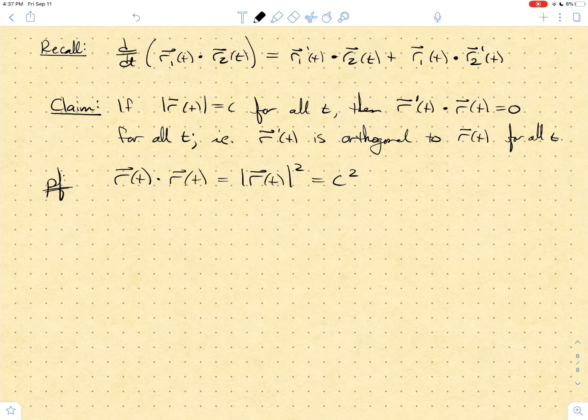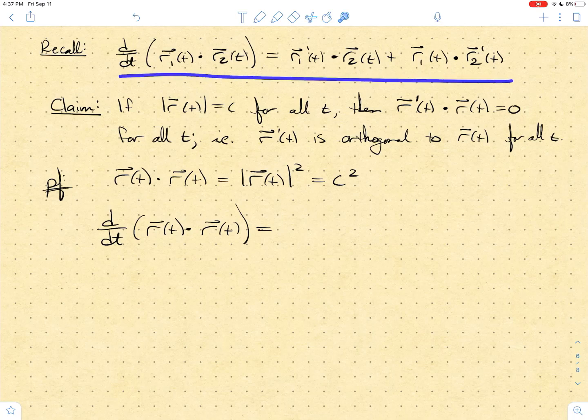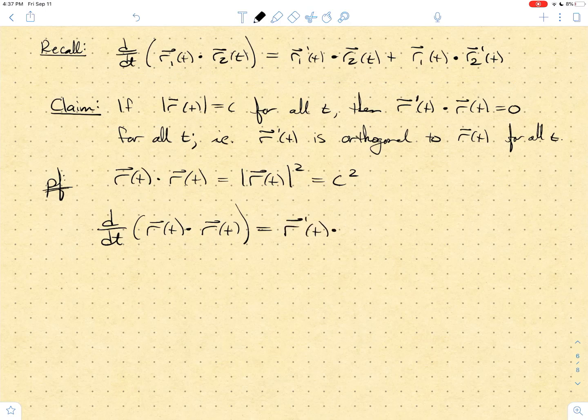And so now I want us to think about the derivative of r of t dot r of t, and I want to use this fancy formula up here. Let's use that formula. Since r1 is r2, this is going to be r prime dot r plus r dot r prime. And so this is going to be exactly 2 r prime of t dot r of t.